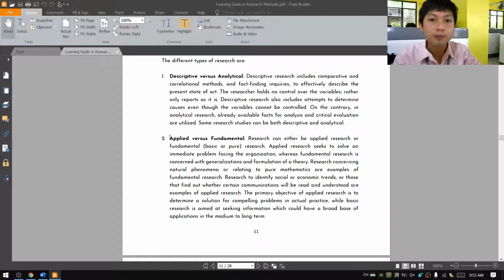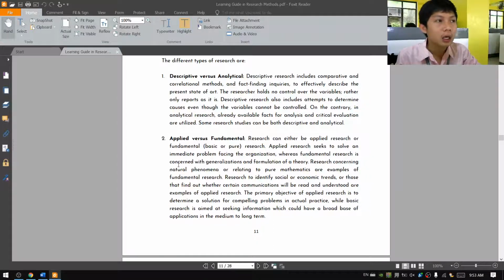That's a problem, and you make a solution. That is basically applied research: you conduct a study on that problem and try to solve it. Whereas fundamental research is more on generalizations and formulation of a theory.